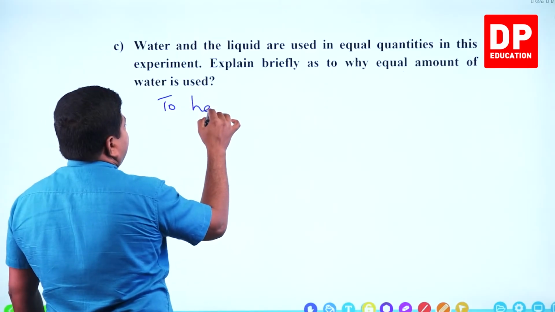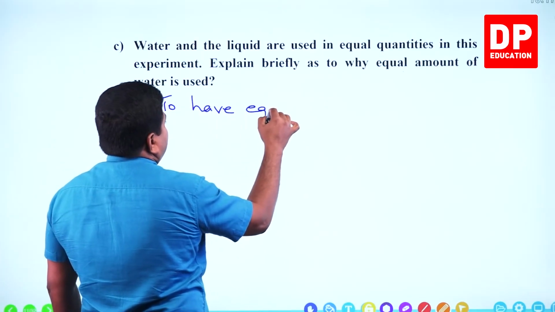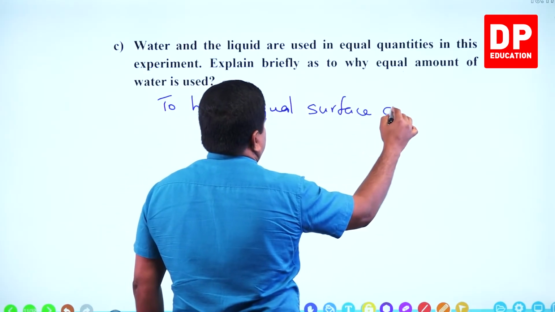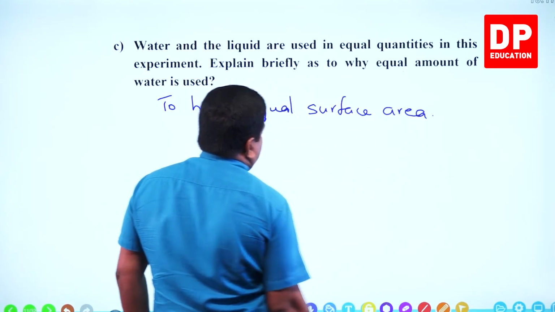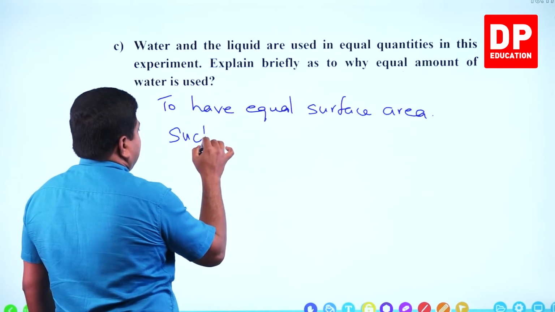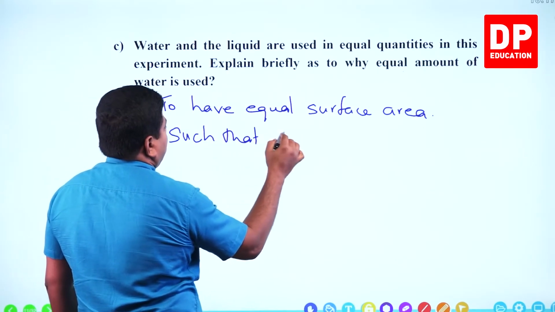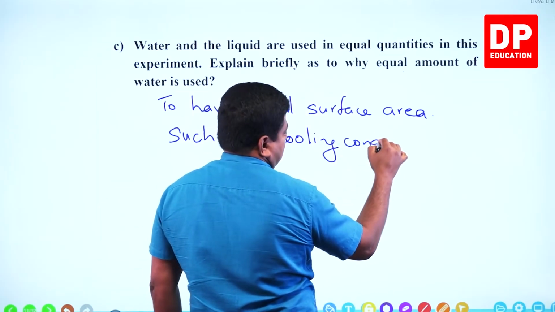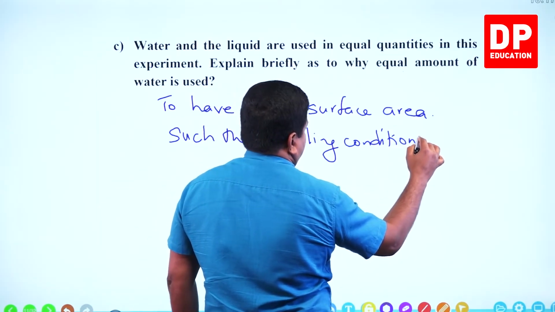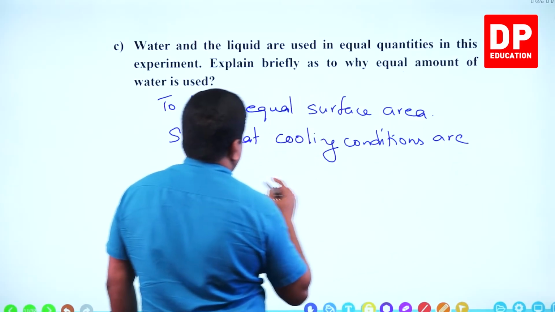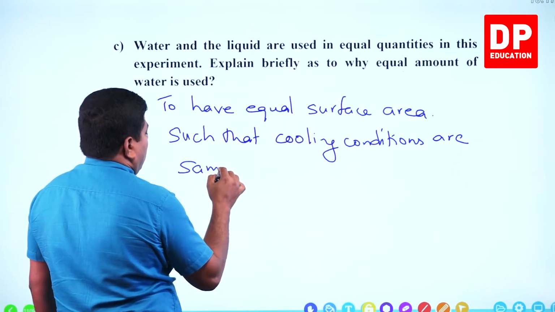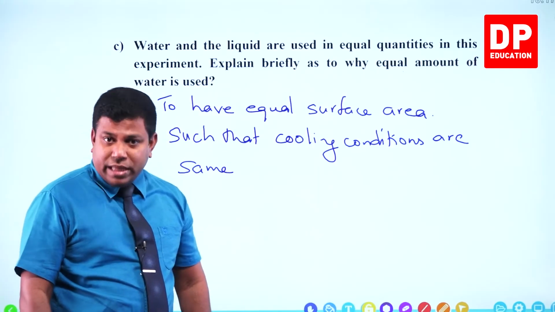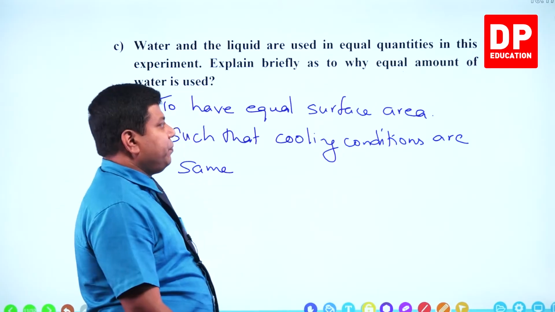To have equal surface area, such that cooling conditions are the same for water and for oil or liquid. Cooling conditions have to be the same. Right? For that, the area has to be the same.